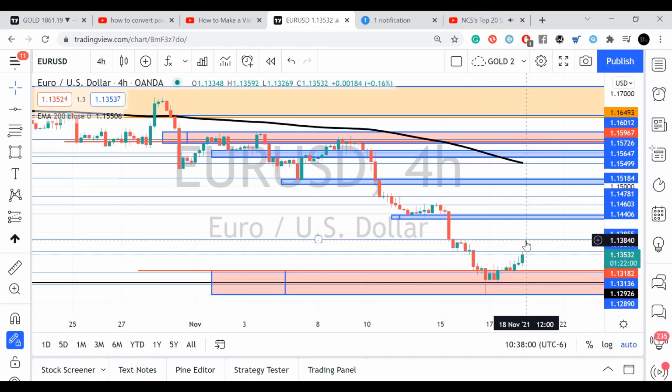So this is how we mark up the chart. And I can't overemphasize this. I'm taking this trade now. Let me just buy it.